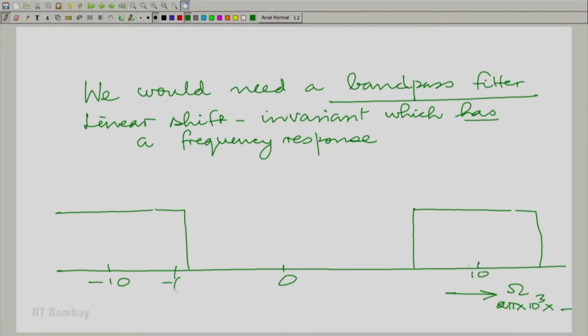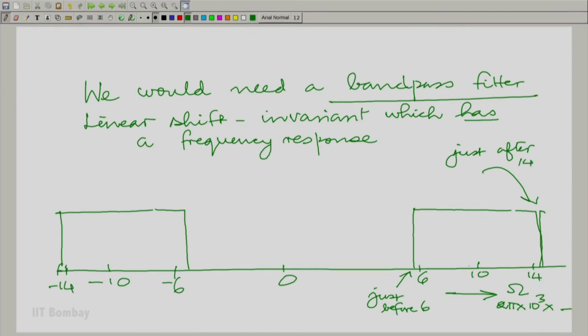So, this would be minus 6, minus 14, here it would end here. Now, I am saying just a little beyond, because you would not want to miss what is at 6 and what is at 14, see. And of course, these are all vertical lines ideally. So, ideal, the amplitude is 1 here and 0 everywhere else.